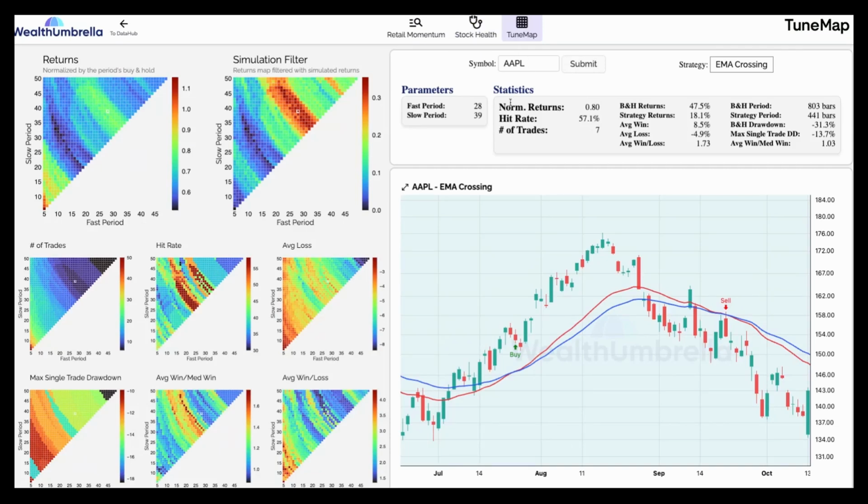So first, the normalized return is the same as this map. It's basically by how much the return of the strategy outperforms the buy and hold return. The hit rate is simply the number of trades that ended up with a positive return over the total number of trades, which is below here, so 7.